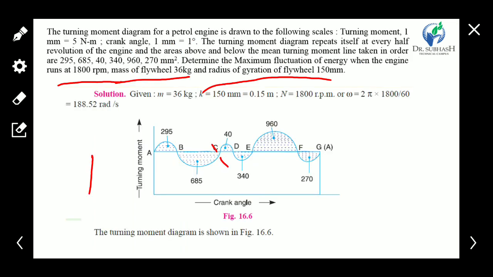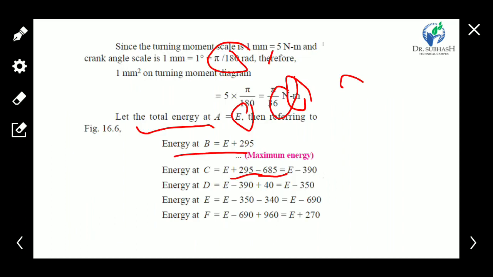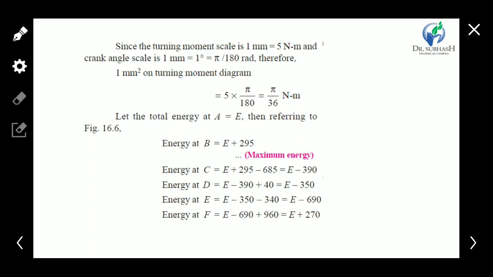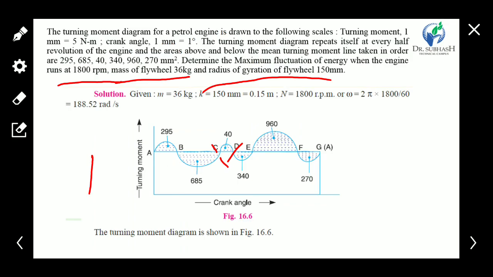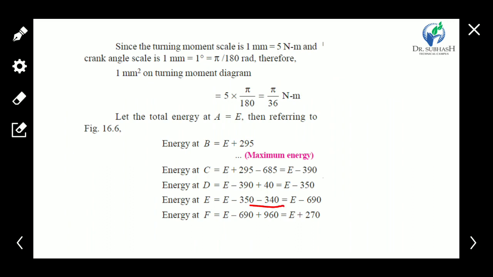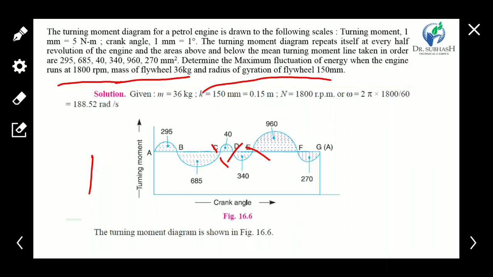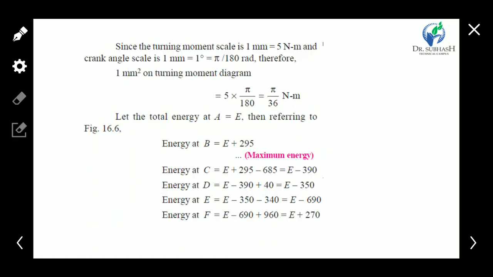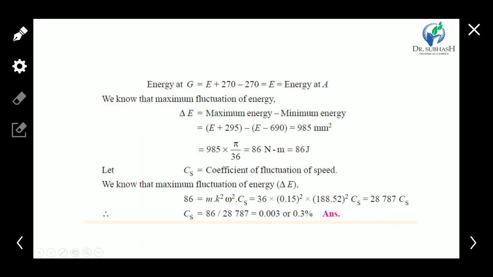At point D plus 40, at point E minus 340, and at point F plus 96, so E plus 270.